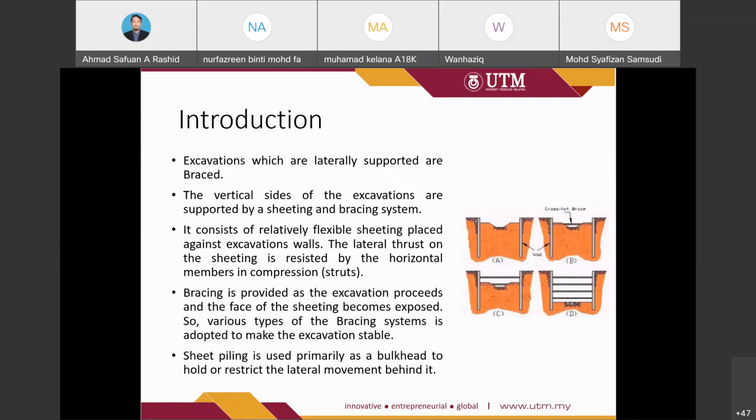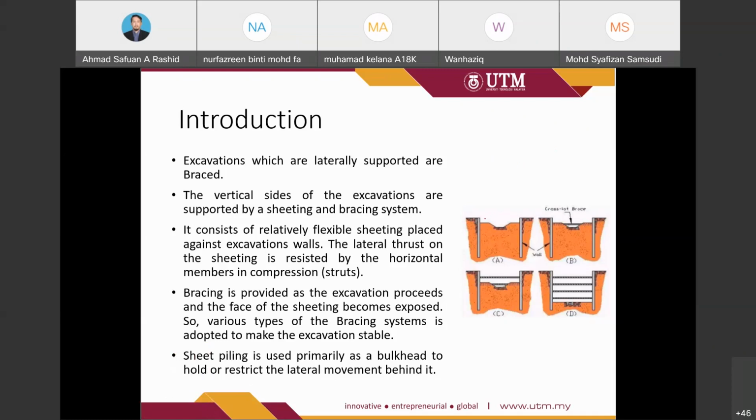So excavations which are laterally supported are braced. The vertical sides of the excavation are supported by a sheeting and bracing system. This is an example of the bracing system that has been used. We need to excavate in stages after we install the bracing systems.